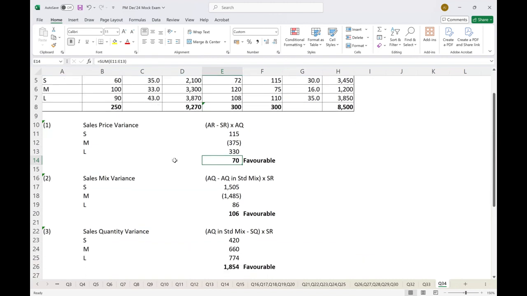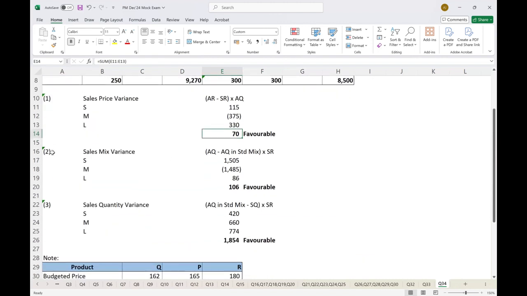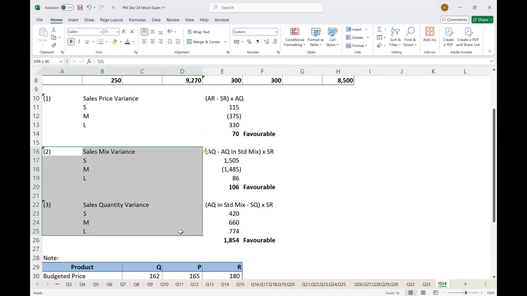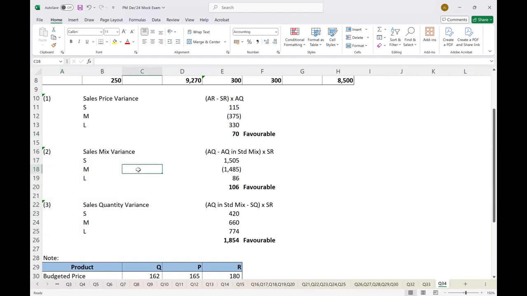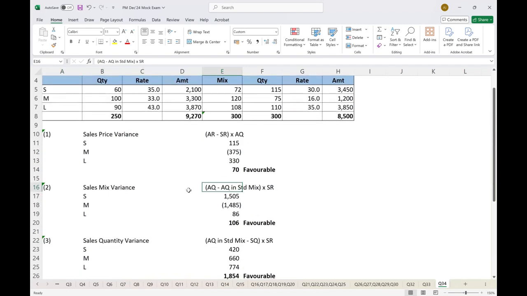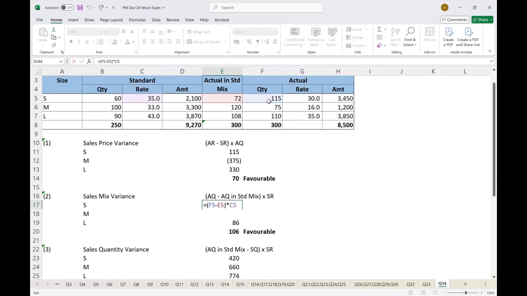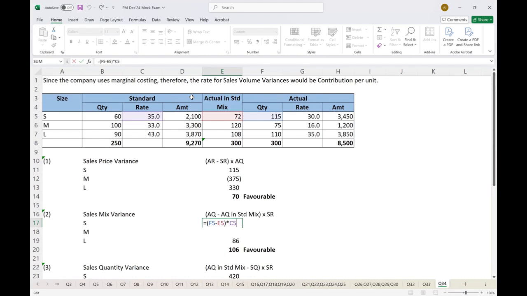Next, you have to compute the split of sales volume variance, which is sales mix and sales quantity variance. So here, the formula is actual quantity minus actual quantity in standard mix multiplied with the standard rate. So I have the actual quantity 115 minus the actual quantity in standard mix multiplied with standard rate, that is 35. Should we not use price here? No. As I mentioned above, the company is using marginal costing, and therefore for sales volume variances, you're going to be using contribution per unit.